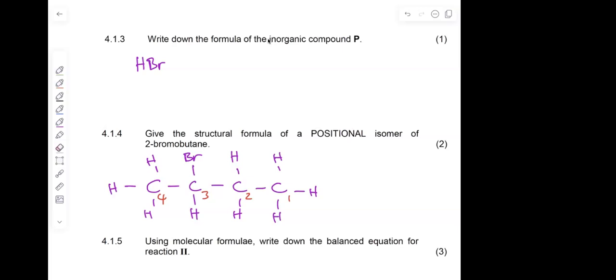It means my counting wasn't correct. My counting was wrong. This is always going to be carbon number 1, 2, 3, and 4. Hope that makes sense to you guys. Let's do now the functional isomer should basically look like this.